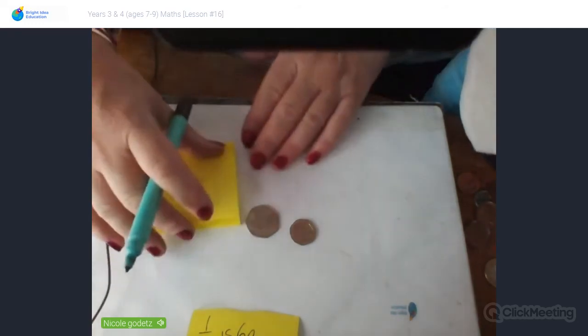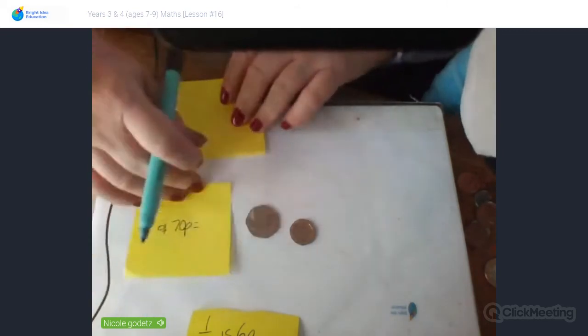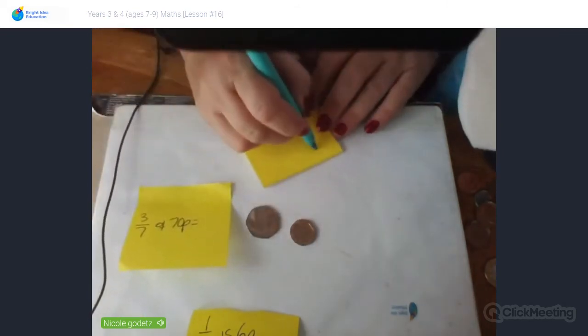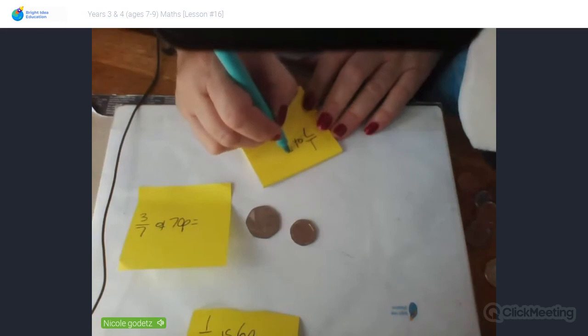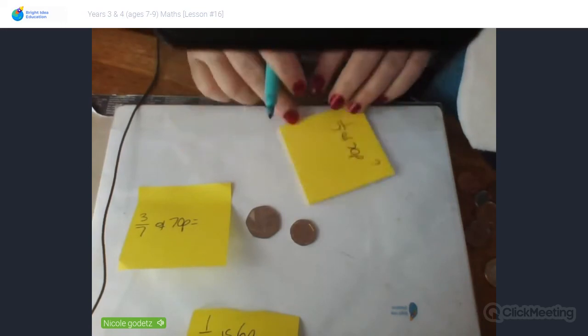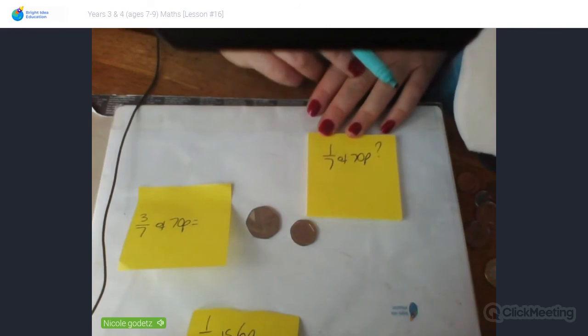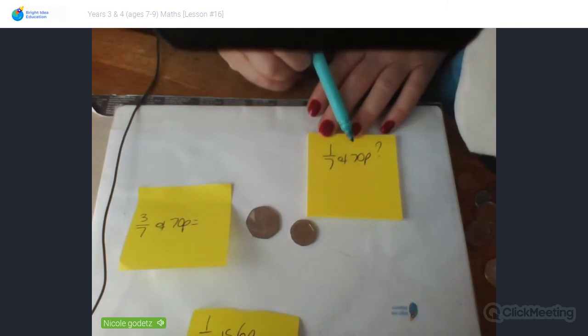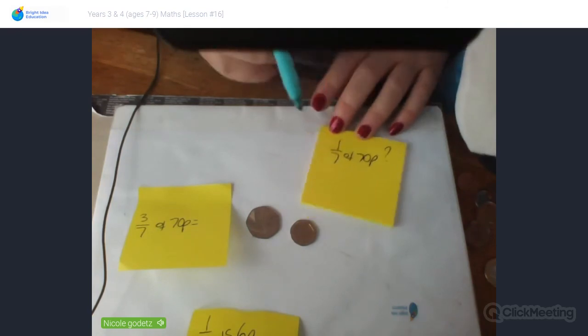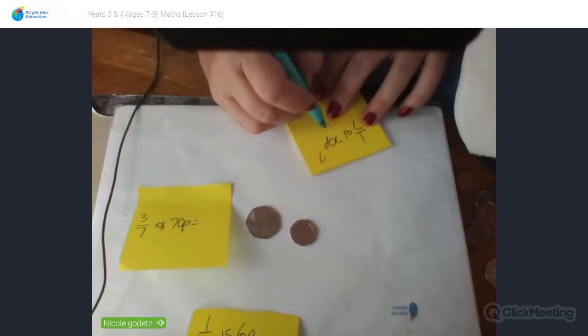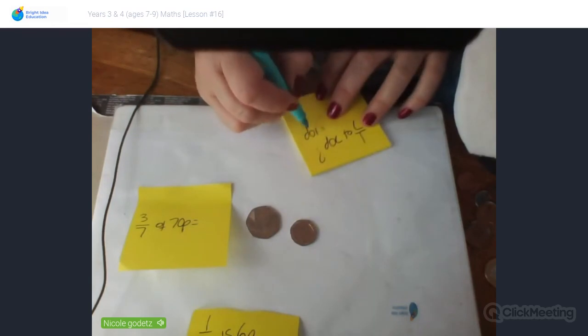So we always have to ask ourselves, first of all, what is the unit fraction? So what is 1/7 of 70p? Well, 7 goes into 70 10 times. If you break 70 into 7 equal groups, each group will be 10, because 7 tens are 70. So 1/7 of 70p is 10p.